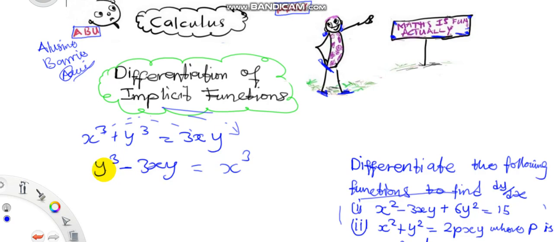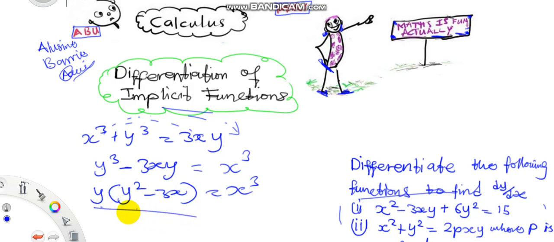But now, although we have y common, we also have x here. So it's impossible, even if we factorize y, so it remains y squared minus 3x, equal to x cubed. We cannot divide. It's impossible for us to express one of the variables in terms of the other.